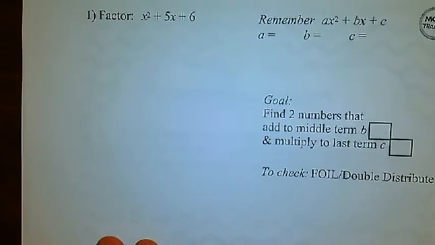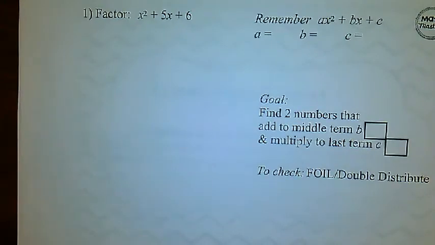Our first one we have is x squared plus 5x plus 6. So a is 1, b is 5, and c is 6. I want to find 2 numbers that add to 5 and multiply to 6.